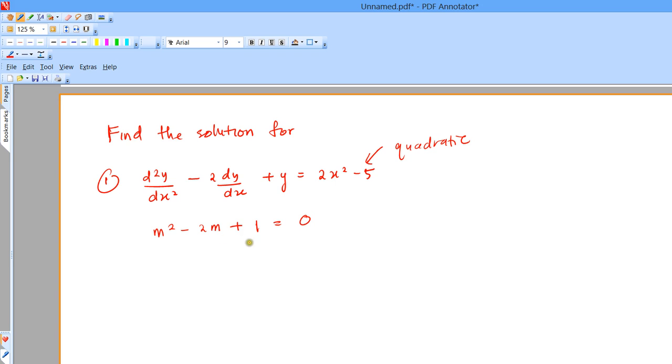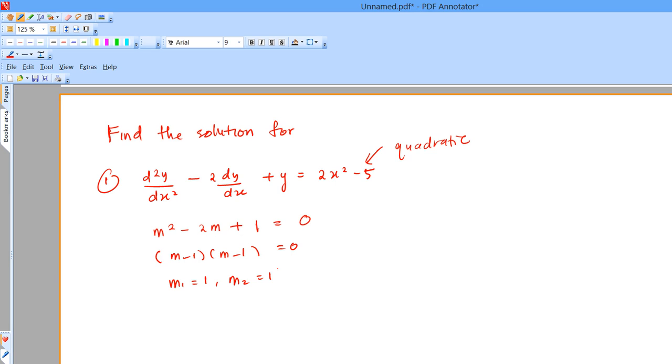Okay, if we factorize, we get (m - 1)(m - 1) = 0. So we get m1 = 1, m2 = 1, which means m1 = m2.